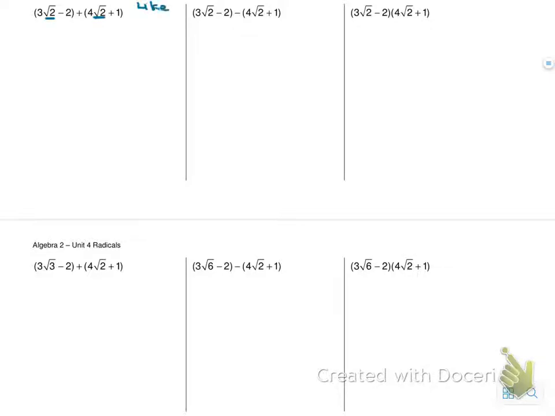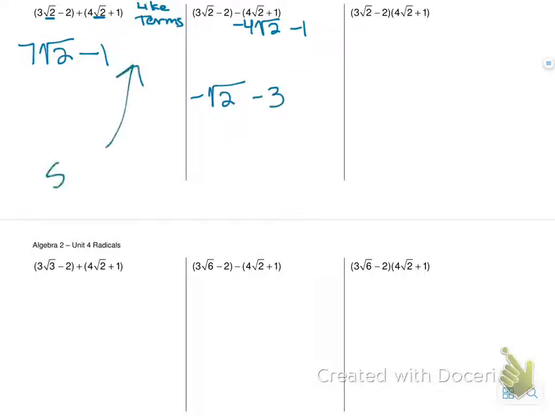First, they are like terms, so I know that I can combine them. So I have 3 square roots of 2 and 4 square roots of 2, which makes 7 square roots of 2. Then I'm going to distribute the -1, just like we did before. So negative square root of 2 minus 3. So that one is very similar to the one with x.